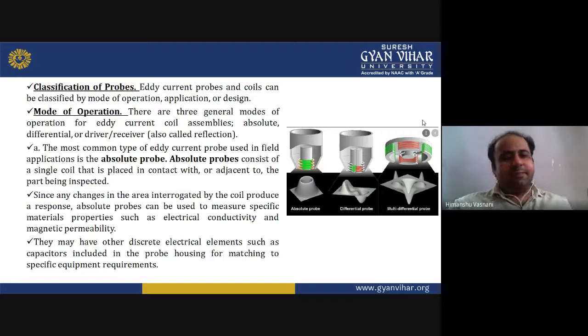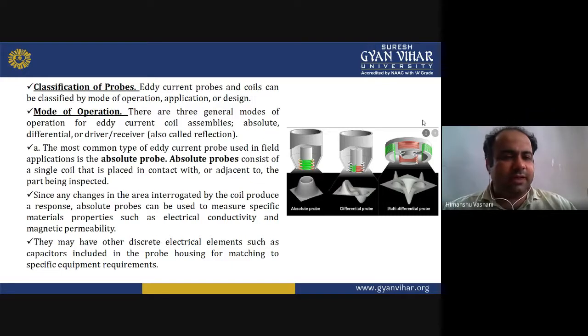The most common type of eddy current probe used in field application is the absolute probe. An absolute probe consists of a single coil that is in contact or adjacent with the part being inspected.